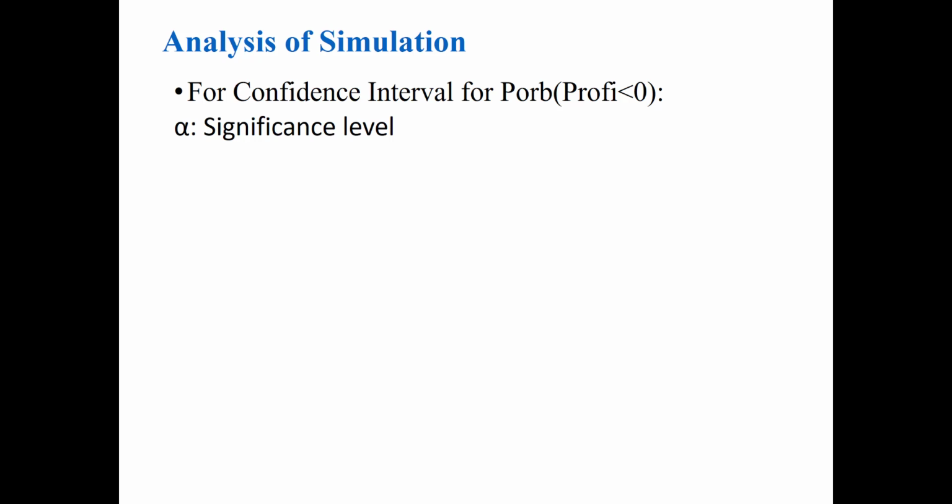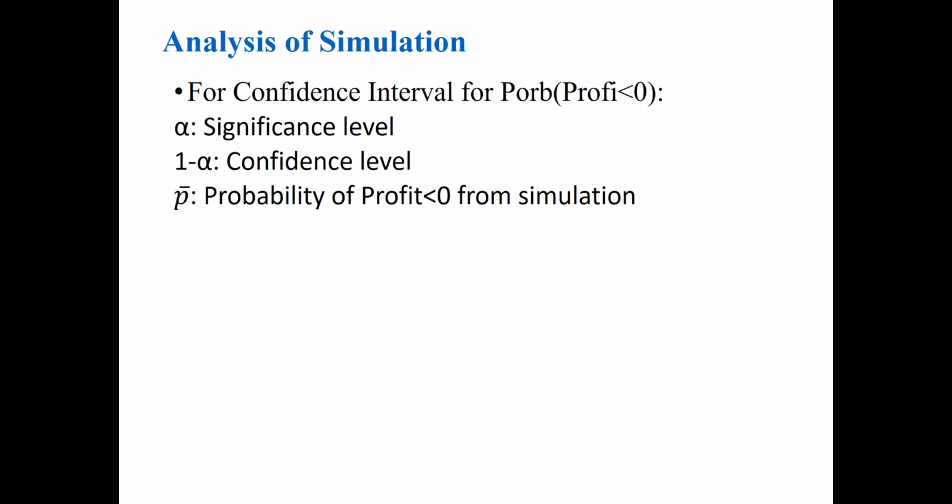The same notation we are using here. We have the alpha, which represents the significance level. 1 minus alpha shows the confidence level. We have the probability p bar, that is the probability of the profit being negative from the simulation.